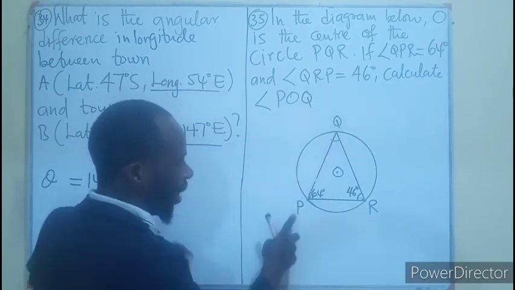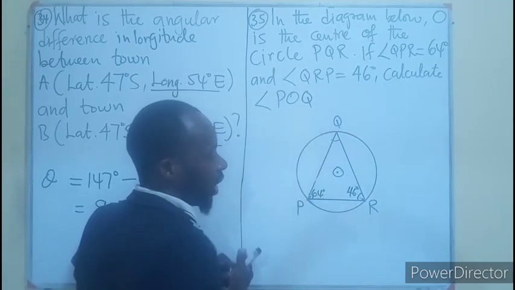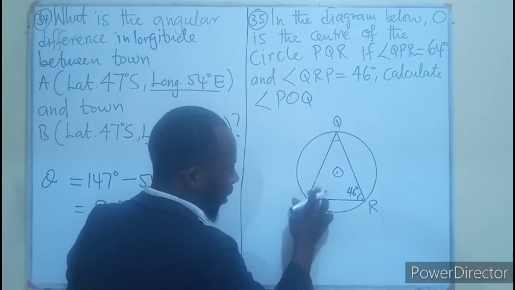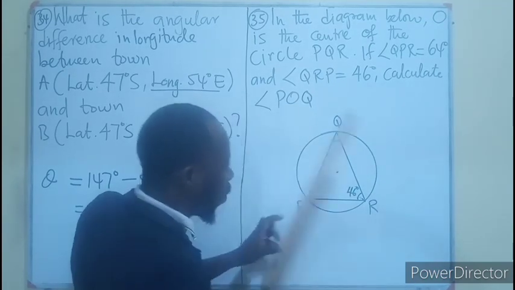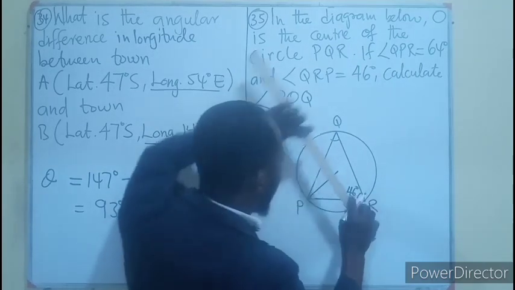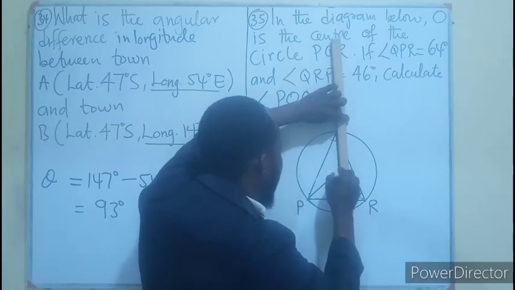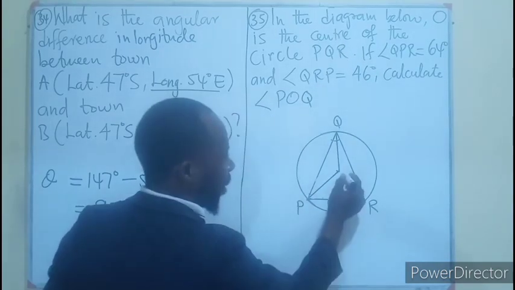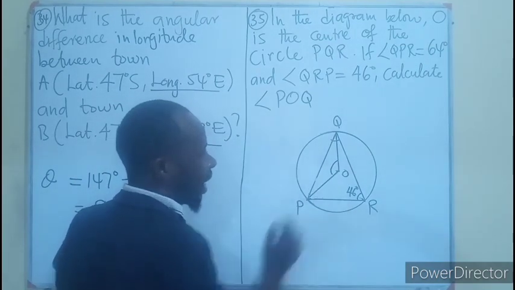POQ, meaning we need a line from P going to the center to that of Q. We already know it's 64. The center is O. So if I draw this line and this one, knowing very well this will be the center, what am I looking for? I am looking for this angle.